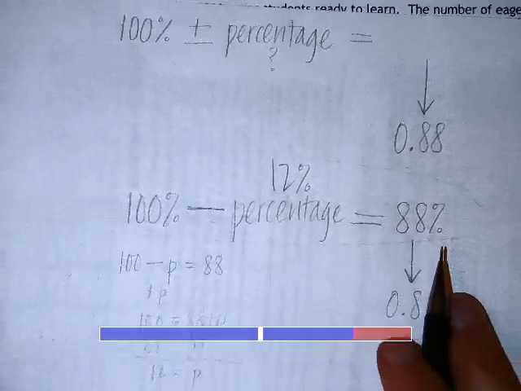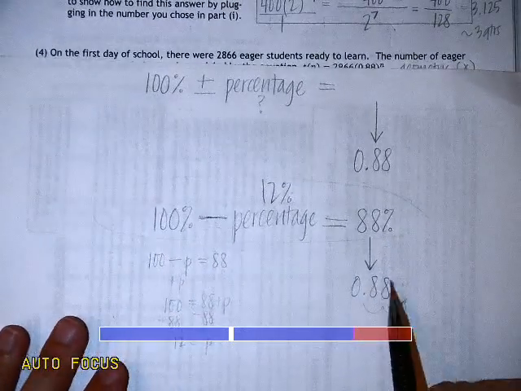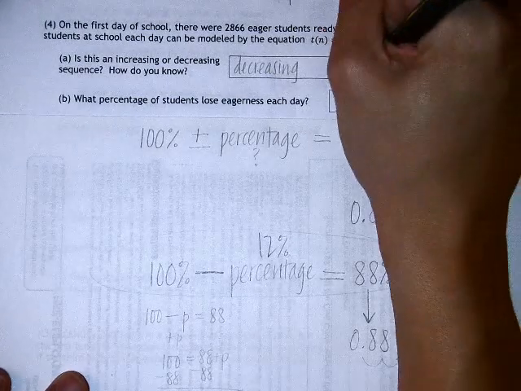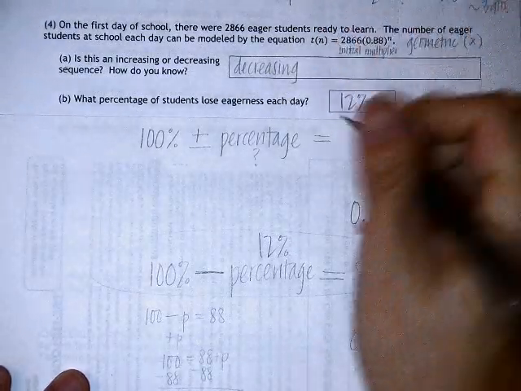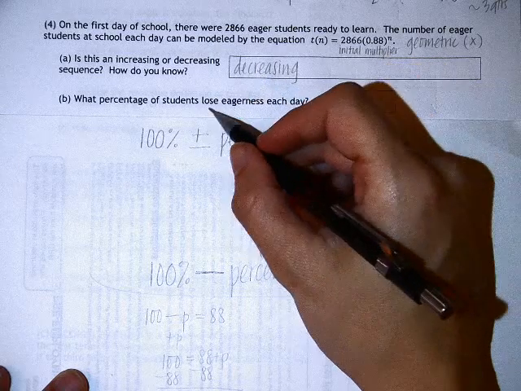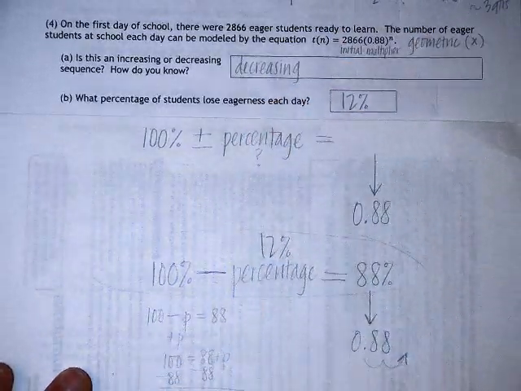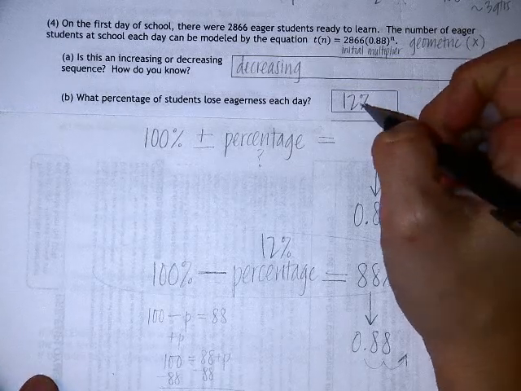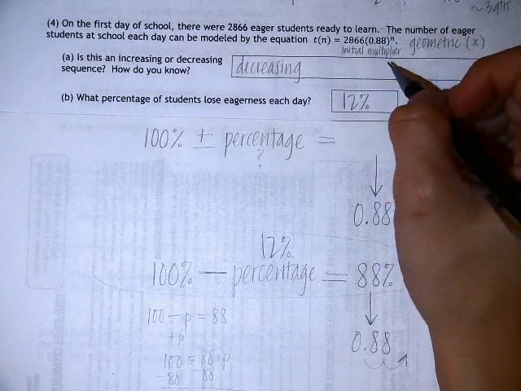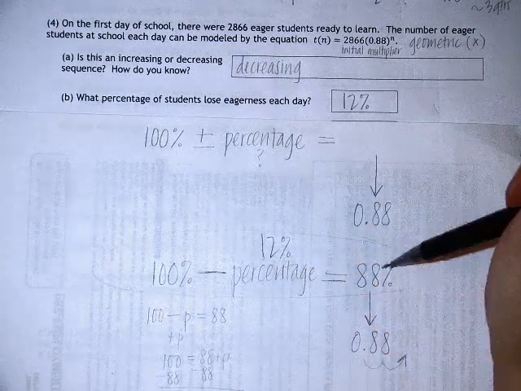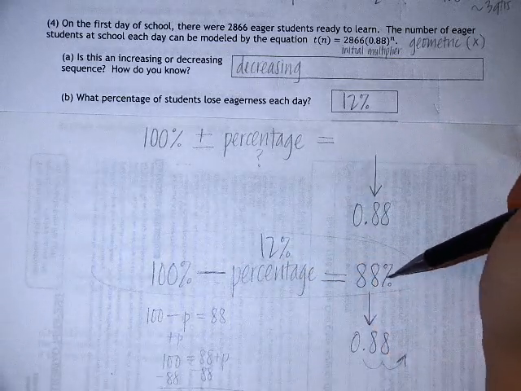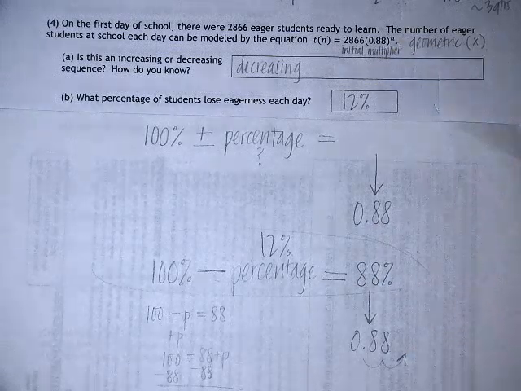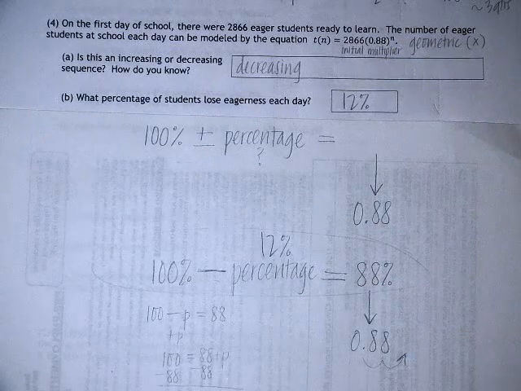And since we knew for sure that 88% was the multiplier, they gave us that, we can now be certain that 12% of students must have been losing, or decreasing, in eagerness each day. So now that I know that I have a 12% decrease, that multiplier makes sense, because I would have done 100% minus 12%, that would have been 88%, and then I would have converted that to a decimal, and yes, I would have gotten 0.88. So it does seem logical.